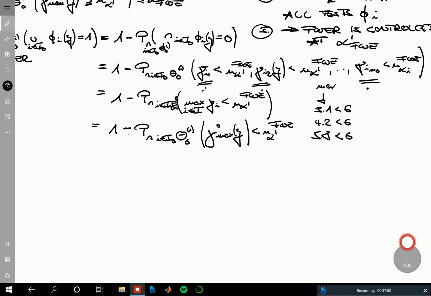Now, the maximum statistic to be smaller than this value here is, of course, the complementary probability to the maximum statistic to be larger than this value.